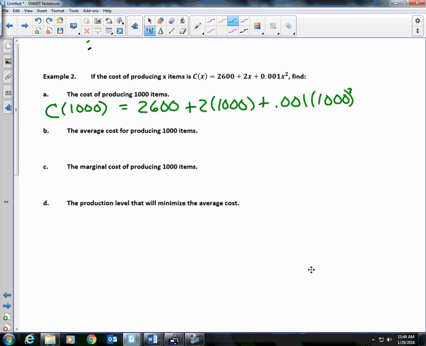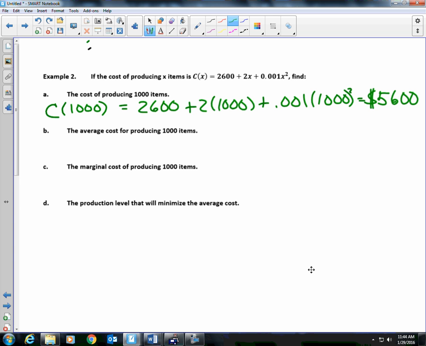So you got to calculate this. You plug in 1,000, and anybody got the value? Very good. So we got 5,600. So it says, what's the cost? We'll say $5,600. It could be in millions, it could be in billions, who knows. Okay. It says the average cost for producing 1,000 items.